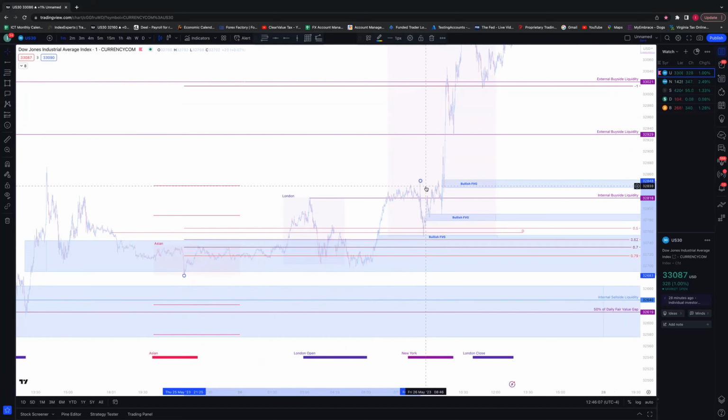Let's just say we're looking for an entry at 9:30, okay? And then we mark the 50%, which is our equilibrium area.